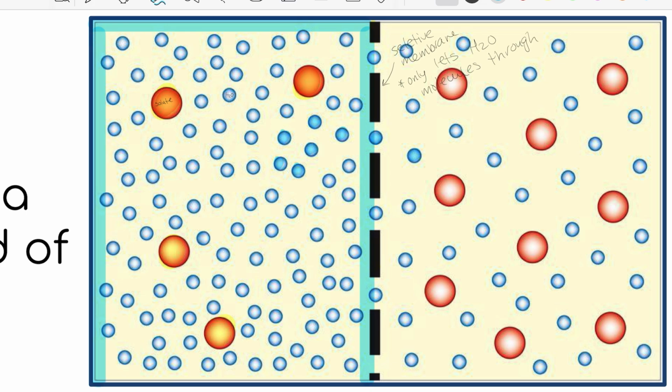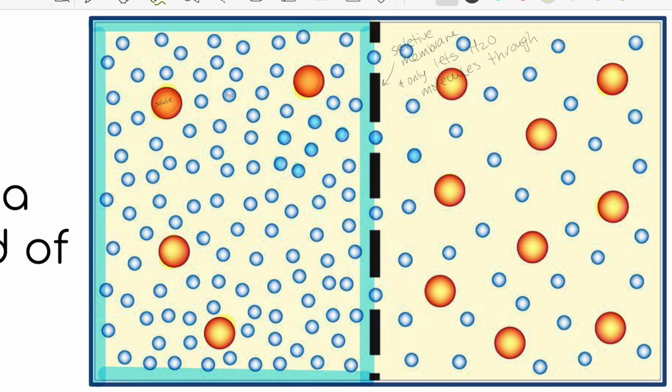So this volume on this side is equal to the volume on the other side. And on the other side, we've got 1, 2, 3, 4, 5, 6, 7, 8, 9. We've got 9, so just a little bit more than 2 times the number of solute molecules on the right-hand side compared to the left-hand side. And those two volumes are the same.